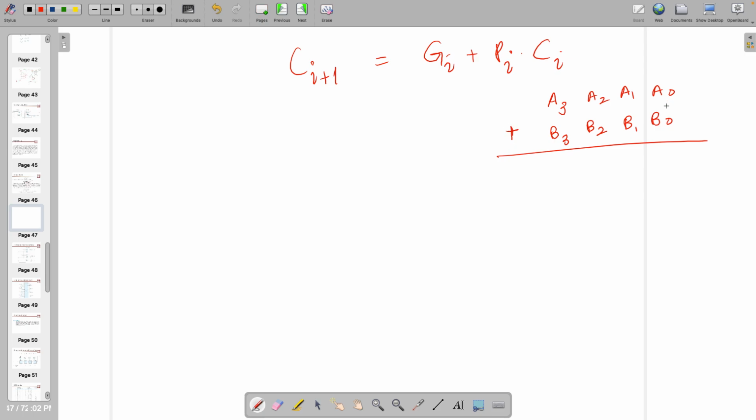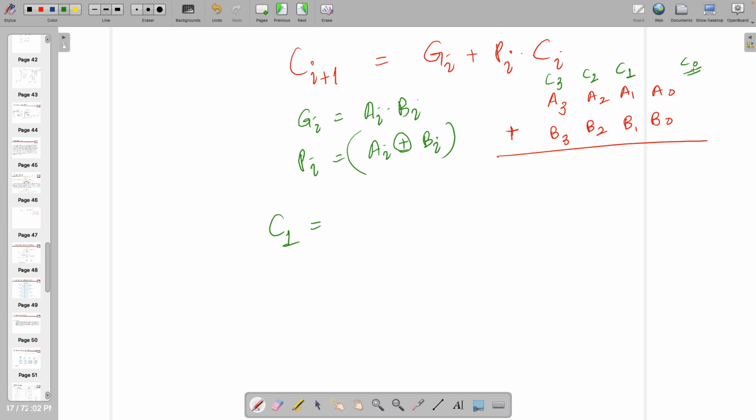Okay. So if these two numbers have to be added, and if you want to find out the carry at the beginning itself, then carry is not only just Ai, Bi, but other components are also there. So for the case of carry, if you want to find out C1, C2 and C3, C0 is already 0, let's assume that.